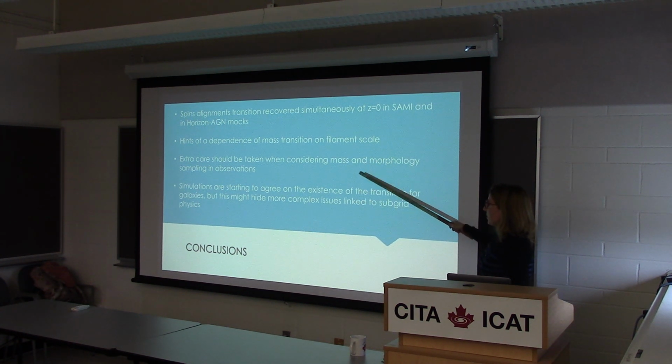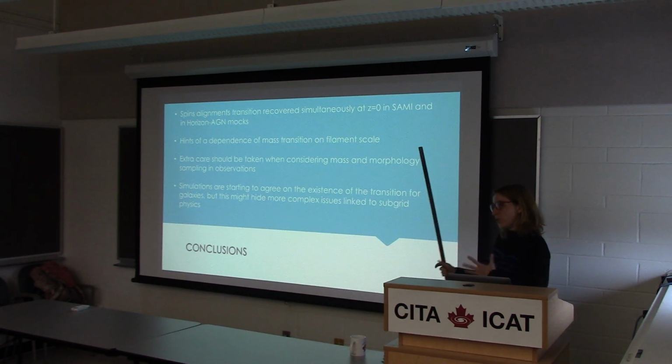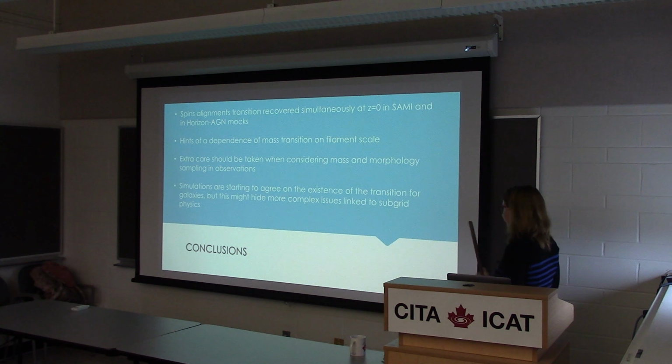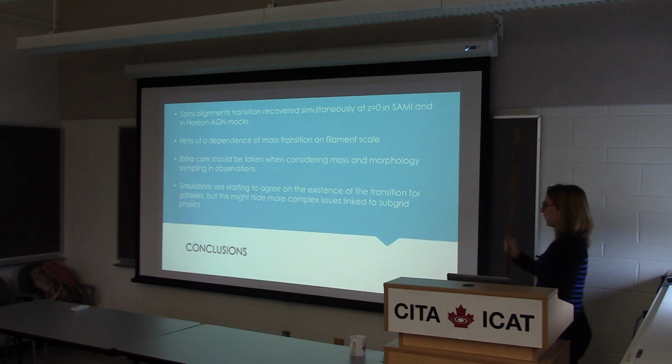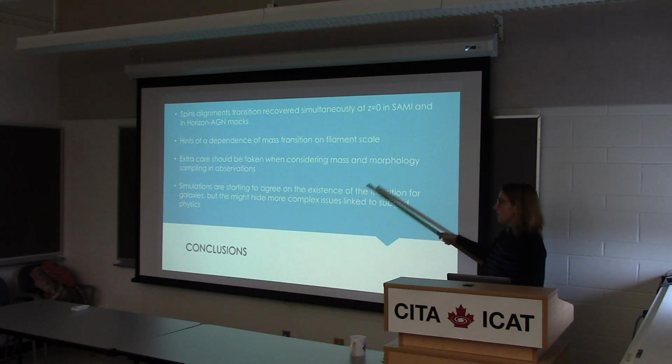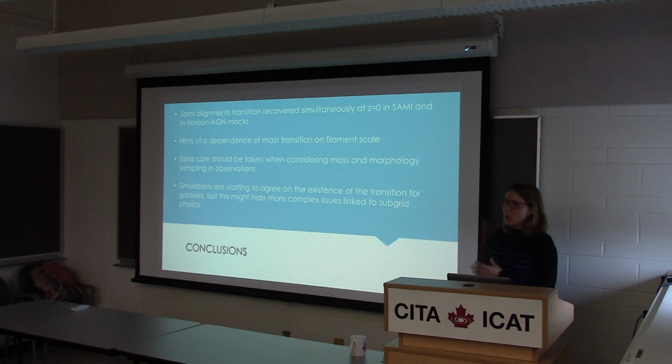And we suggest that extra care should be taken when considering mass and morphology sampling in observations. I'd like to point out as well that simulations are starting to agree a lot more than they claim on the existence of these trends, and that what we should focus on are our tinier disagreements, which have a lot to do with the baryon physics and the subgrid model we use. Thank you very much.